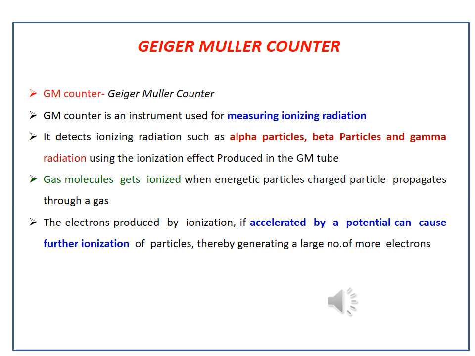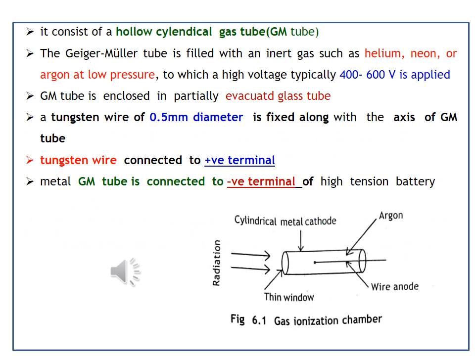The electrons produced by ionization, if accelerated by a potential, can cause further ionization of particles, thereby generating a large number of more electrons. The instrumentation of the GM counter consists of a hollow cylindrical gas tube.